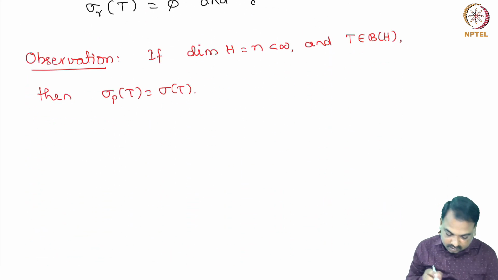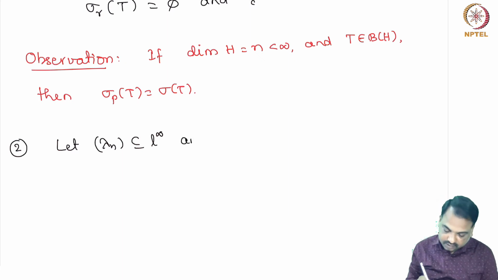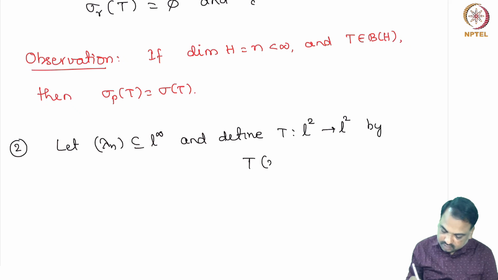Okay, now let us look at an infinite dimensional case. So let us take lambda n from L infinity and define T from L2 into L2 by T of (x1, x2, x3, ...) is lambda 1 x1, and so on.